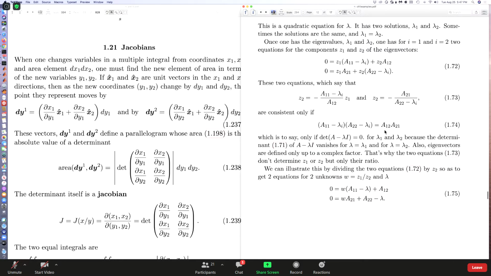And that's why in quantum mechanics, states are only defined up to an arbitrary phase factor, assuming that we've already normalized the states.